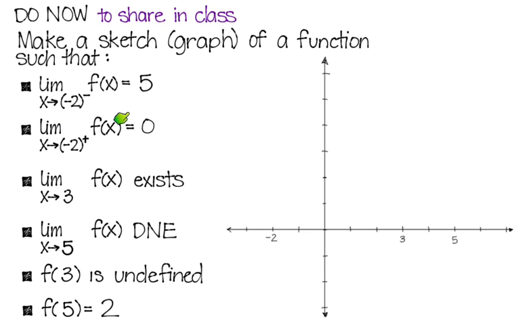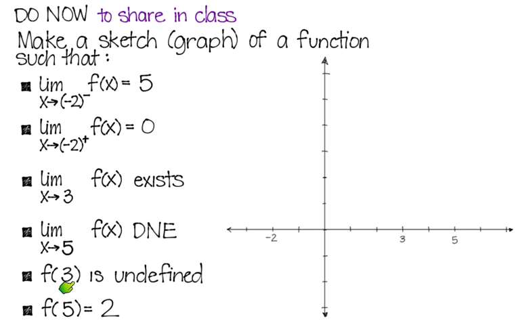So remember what that means. And then you have the limit as x approaches -2 from the right is going to equal 0. The limit as x approaches 3 exists. They're not telling you what it is, but that it exists. The limit as x approaches 5 doesn't exist.